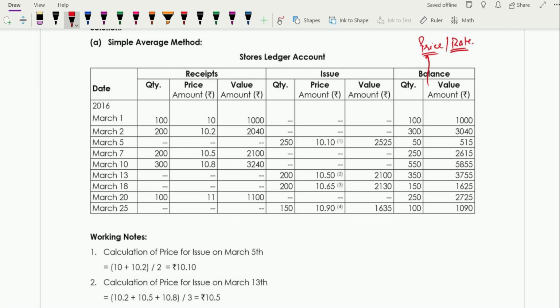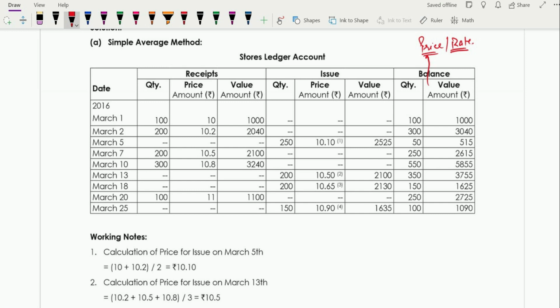That will give you more clarity. In the LIFO-FIFO method, they are preparing the price or rate column. In the simple average or the weighted average method, actually they are not required, but it should be done as a practice. Clear?